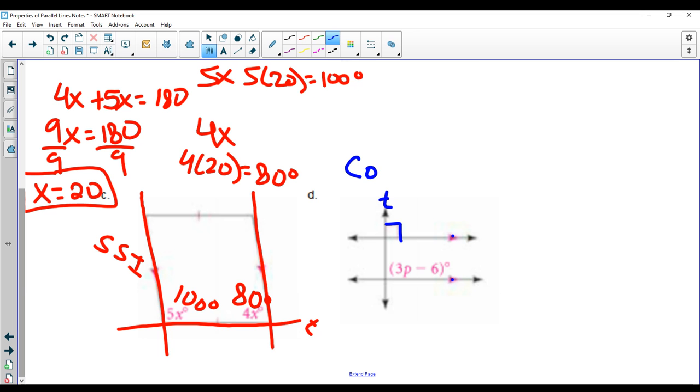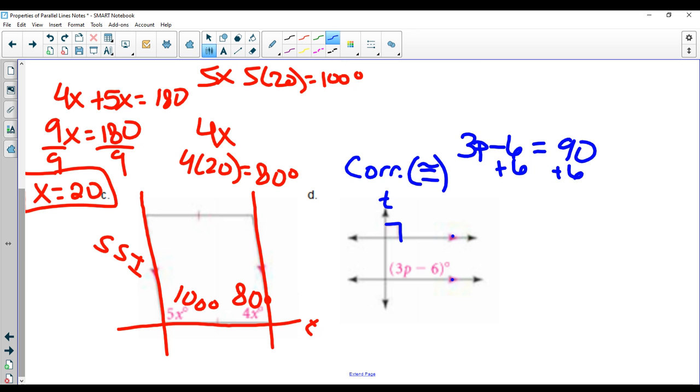It looks to me like we're talking about a corresponding angles situation, because this 90 is in the top right of this upper neighborhood, and then 3p minus 6 is also in the top right of the lower neighborhood. So we're going to take that 3p minus 6 and set it equal to the 90, because corresponding angles are congruent.